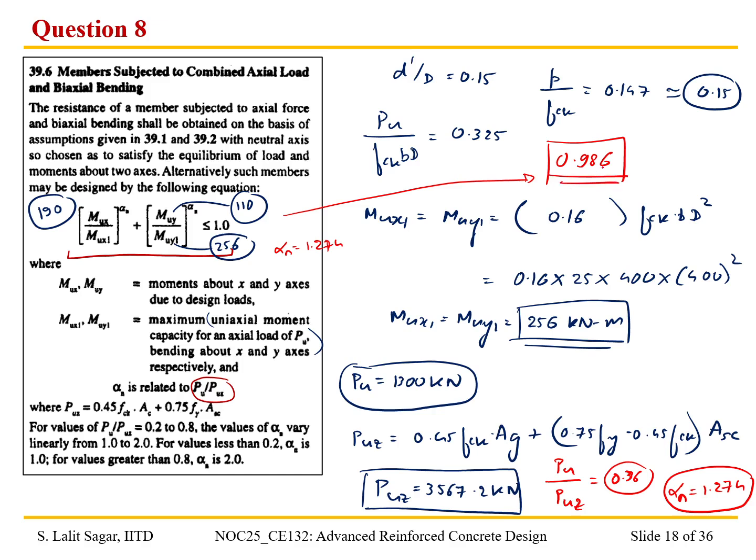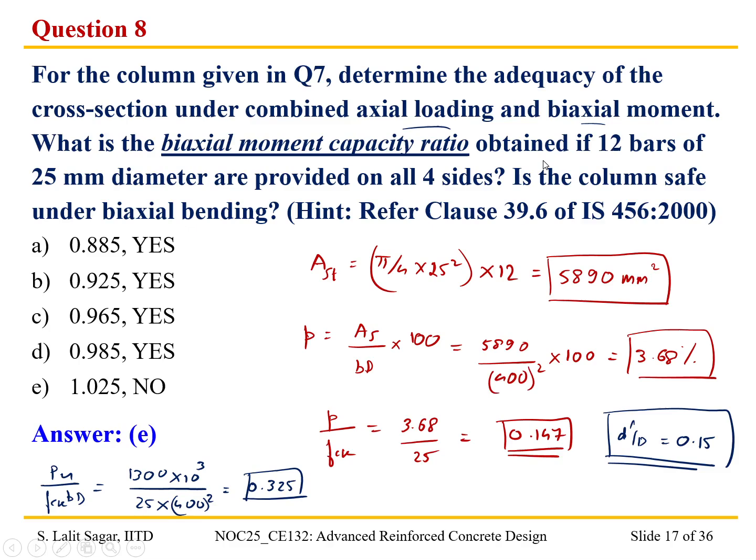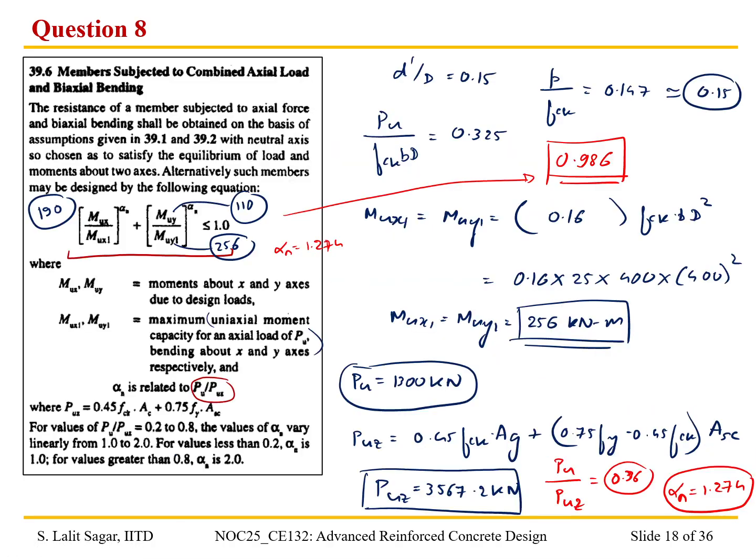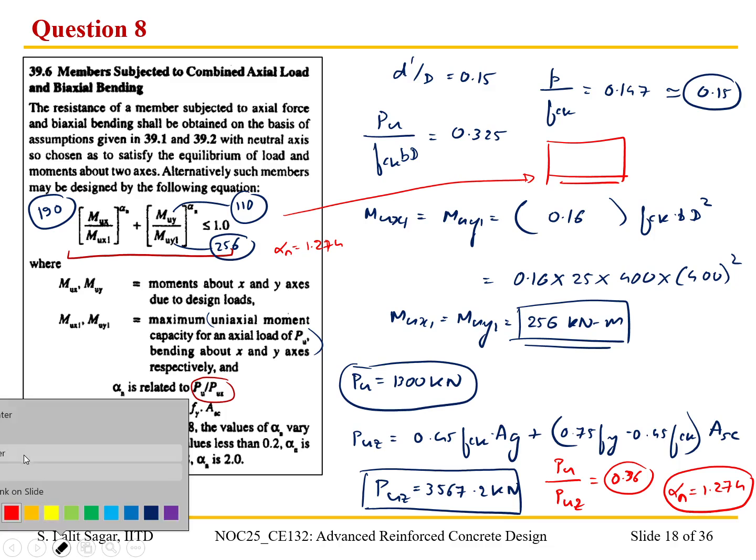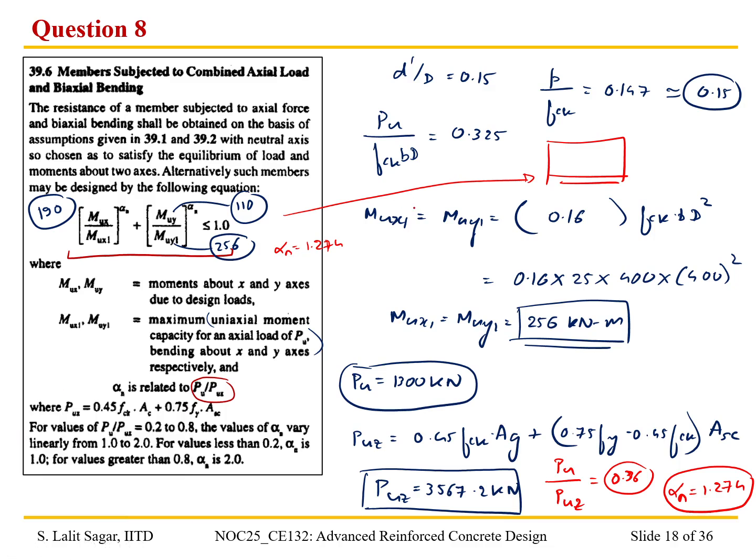Okay, after all these calculations, no, I'm sorry, it has to be 1.025. I'm going to verify this once again. 1.025 is greater than 1.0, so it does not satisfy the clause.